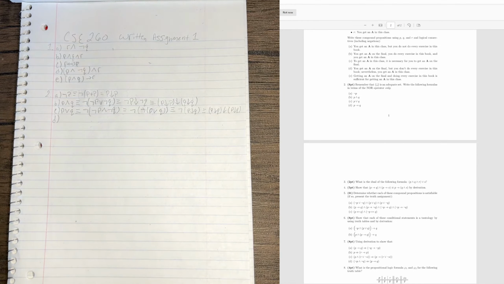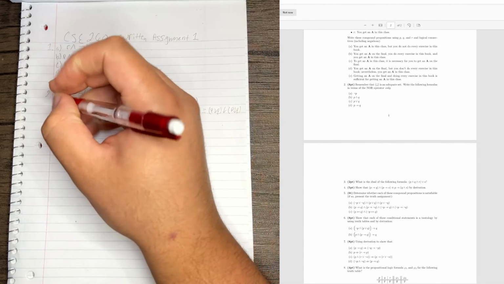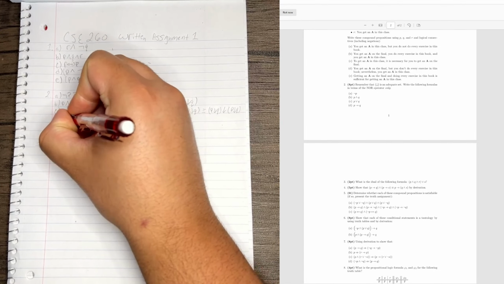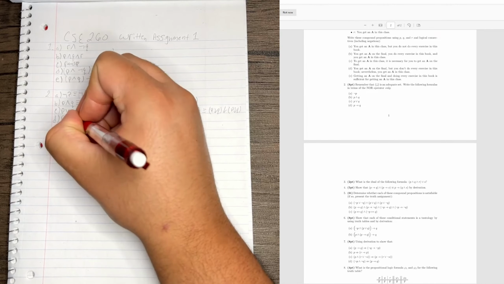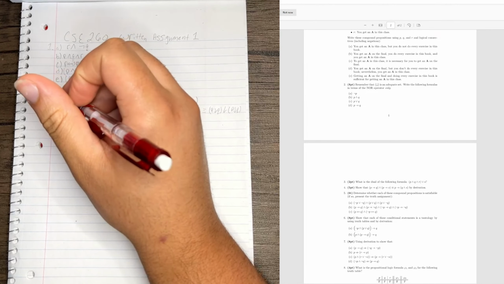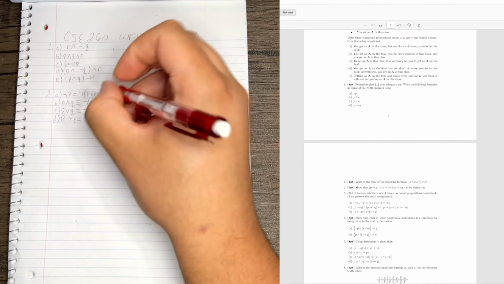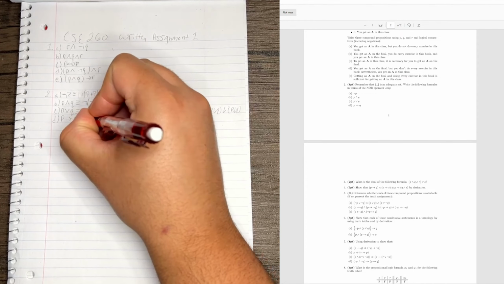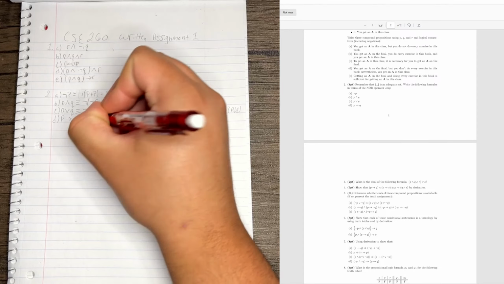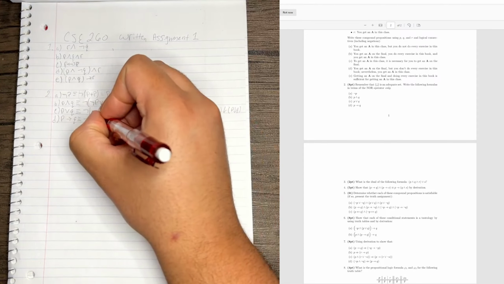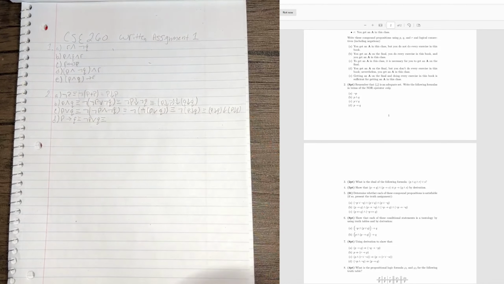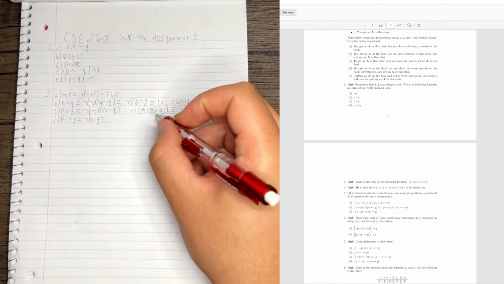I found it. If P, then Q, that is equivalent to not P or Q. And we're trying to make it look like that up there.